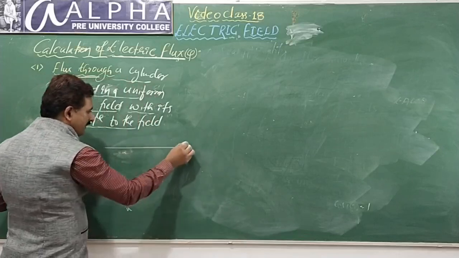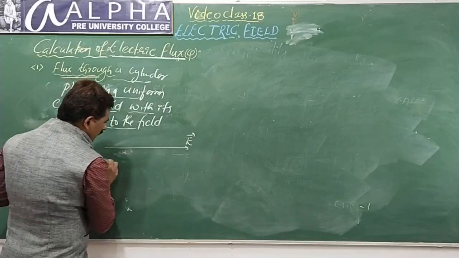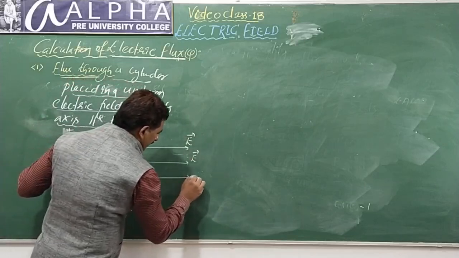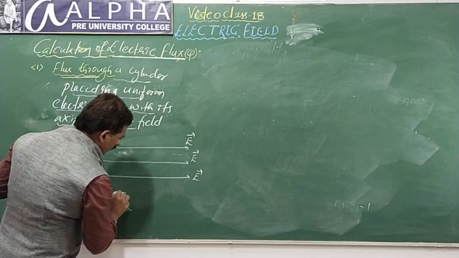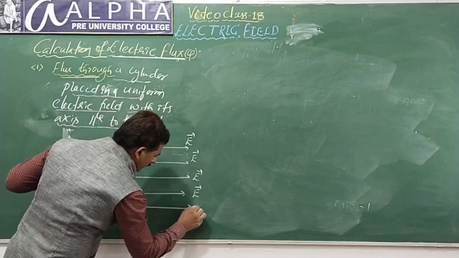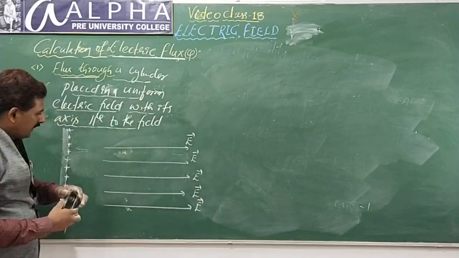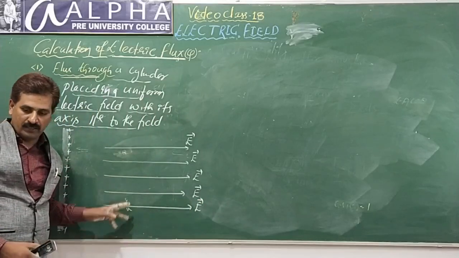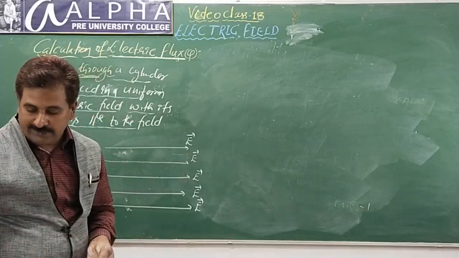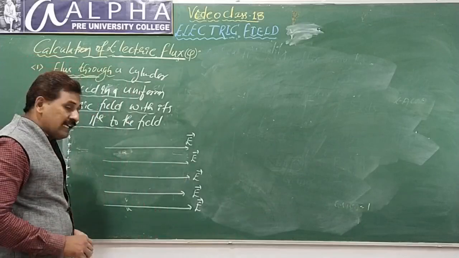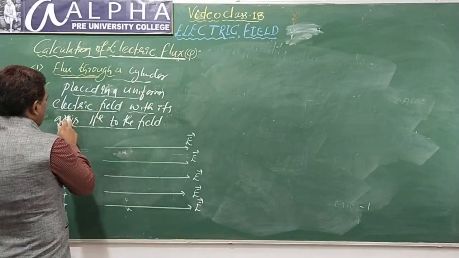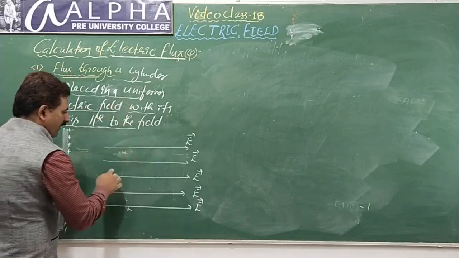Here the value of field is E. Here also the field is like this, value E. Here also the value of field is like this. So it is a uniform field. How do you write a uniform field? By writing arrows parallel to one another, equidistant. That is what a uniform field is. Now let's consider a cylindrical cross section. The condition is it should be parallel to the field. The field is to the right.